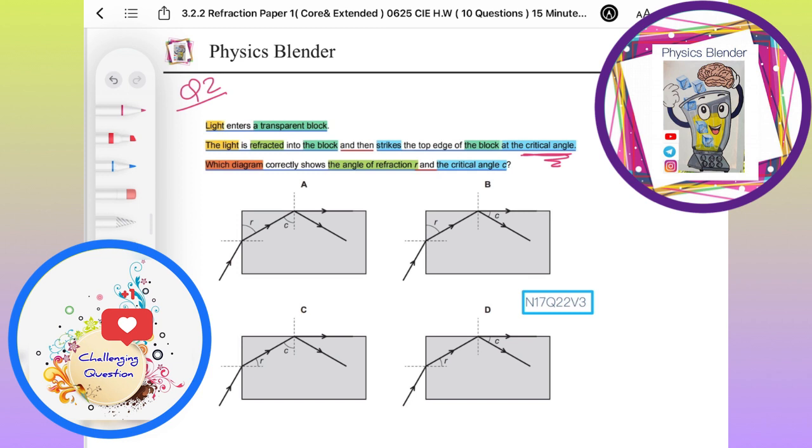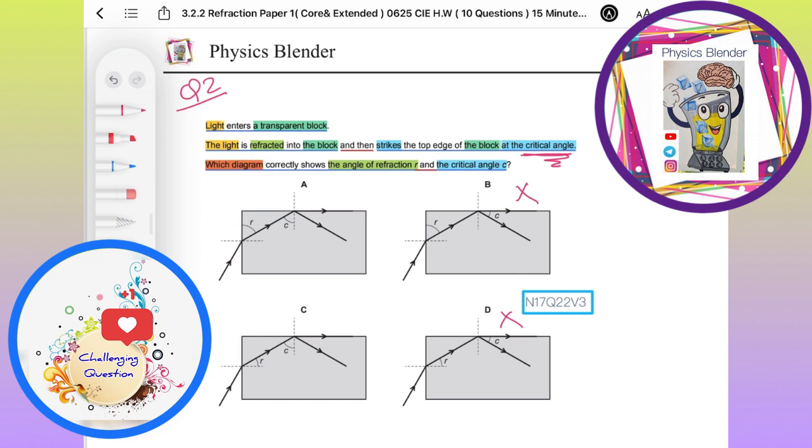Okay, since it strikes the top edge of the block at the critical angle, you have to choose between A and C, because a critical angle is an angle of incidence, so B and D will be excluded. In this case you have to check R, the angle of refraction.